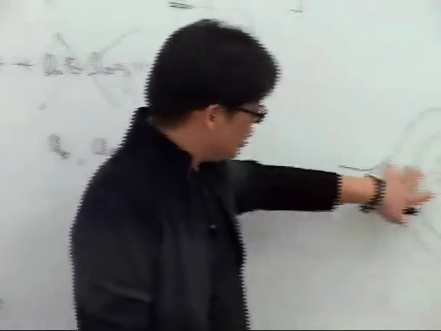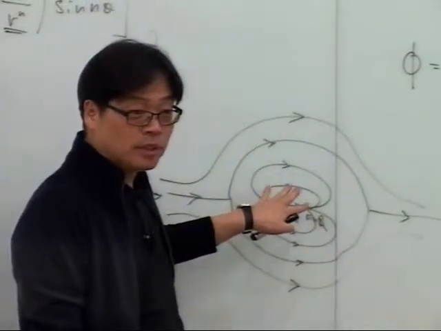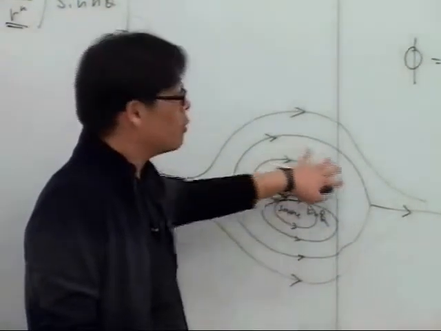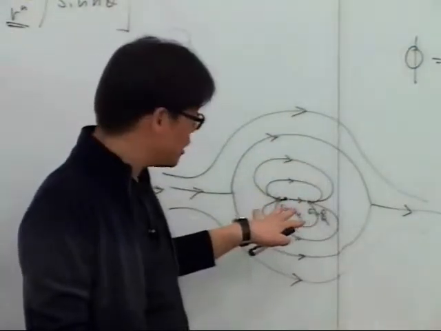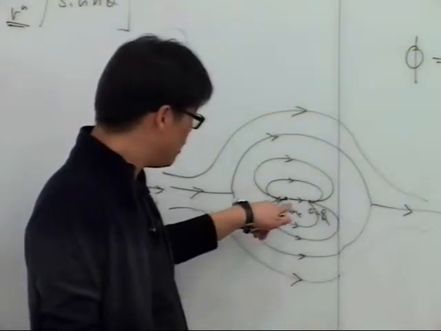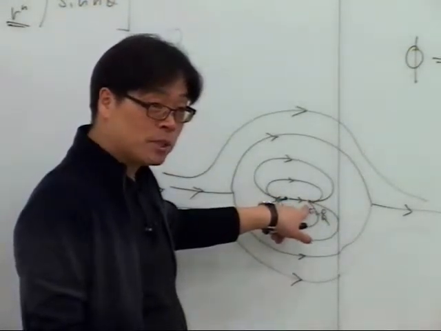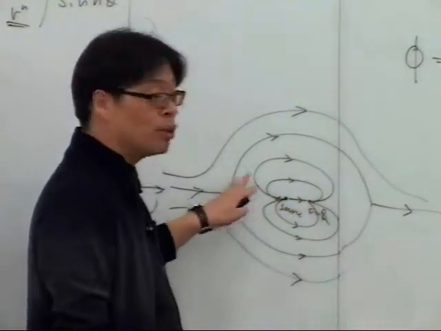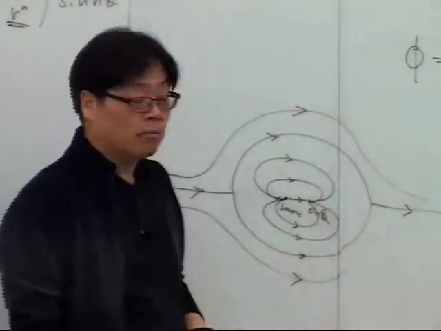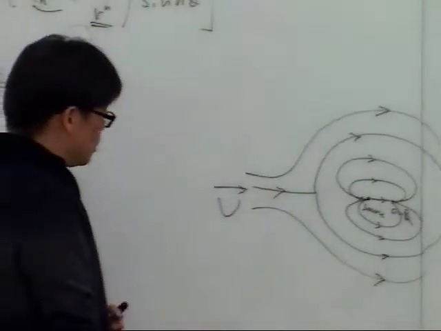But unfortunately, the body that you generate would not be a circle, and you don't know in advance what kind of body you will generate. But you do know that if you have a source and sink with the same strength and opposite signs, then you can generate a closed body when you put in the uniform stream.